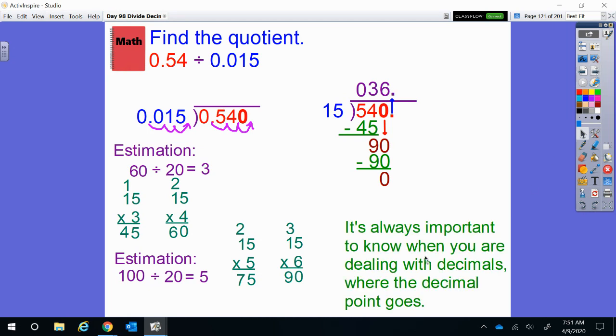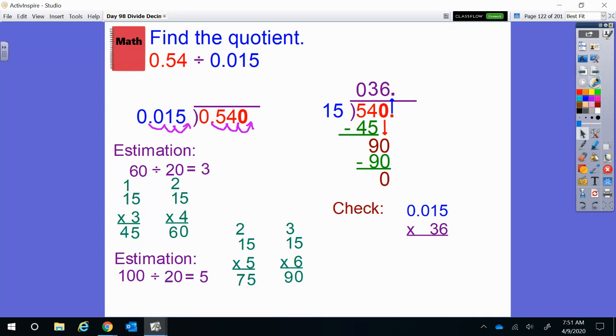it's always important to know when you are dealing with decimals where the decimal point goes. The decimal point goes straight up. It always goes straight up, like it's weightless, straight up.